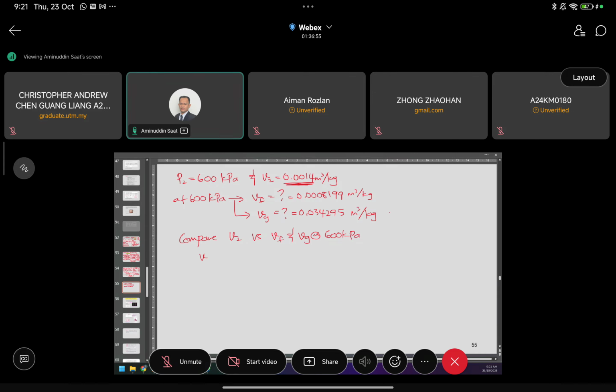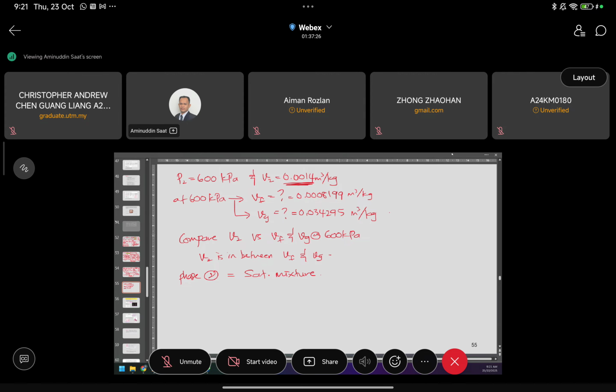So V2 is in between VF and VG. So phase 2 is a saturated mixture. Okay, so phase 2 is also a saturated mixture, phase 1 is a saturated mixture.